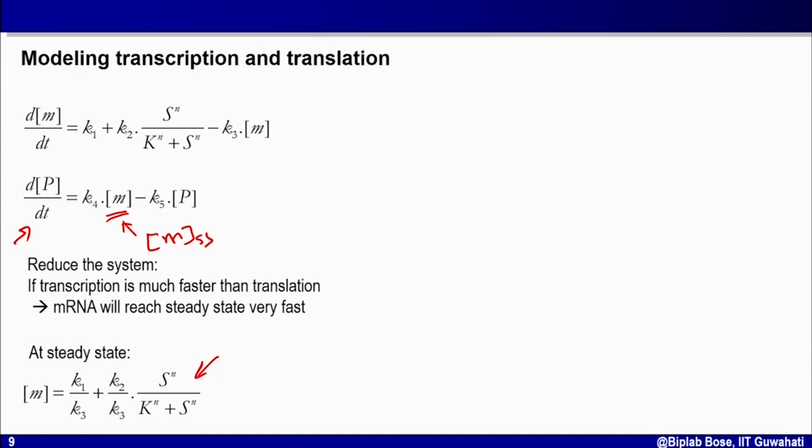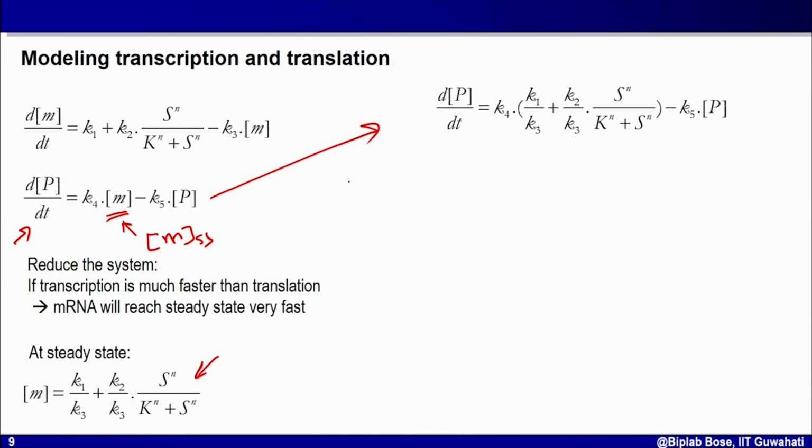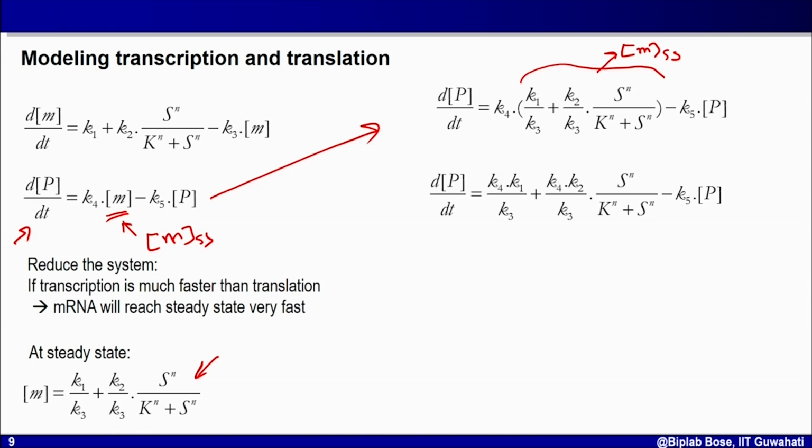So, I can write dP/dt is equal to K4, the rate constant for translation, into the mRNA at steady state that we have just calculated, K1 by K3 plus K2 by K3 into the Hill function, minus K5 into P. Now I will club multiple parameters together. I will take K4, K1 and K3 together, and K4, K2, K3 together.